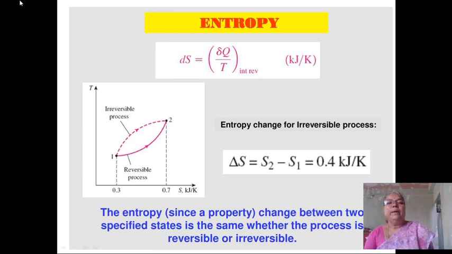Mathematically, entropy is expressed as heat absorbed divided by temperature, and it is expressed in the units joule per Kelvin or kilojoule per Kelvin, because we express heat absorbed in joules and temperature in Kelvin. That's why the unit of entropy is joules per Kelvin.